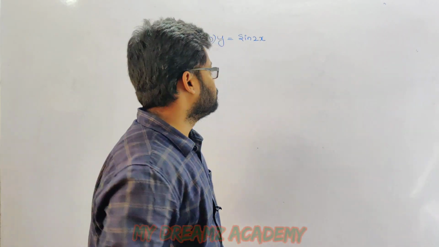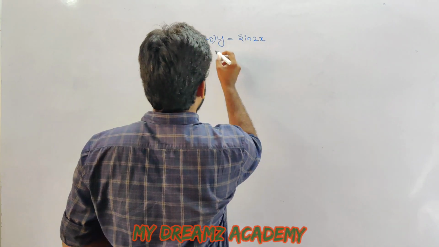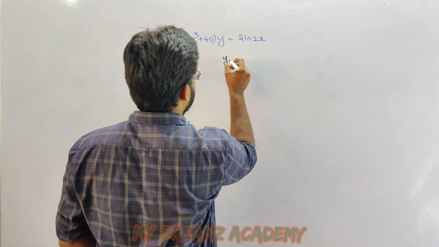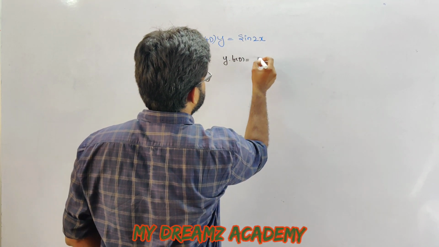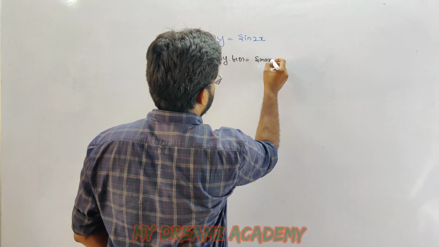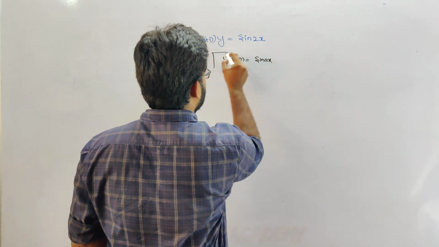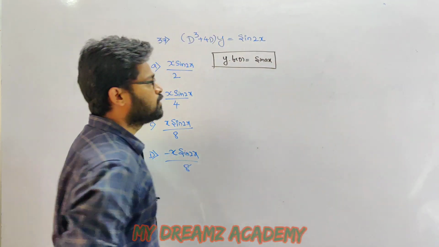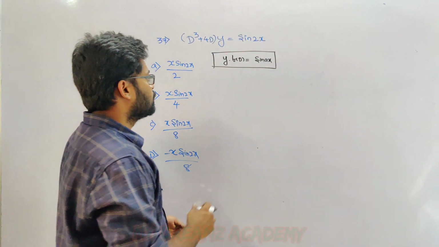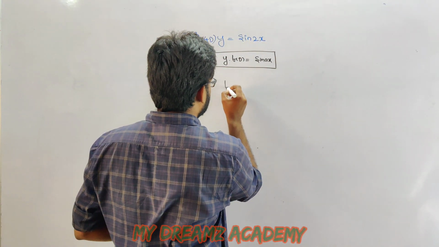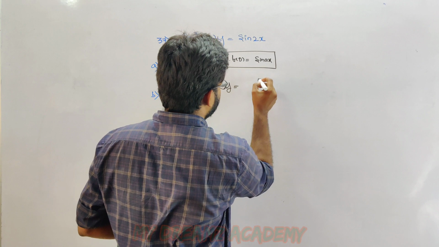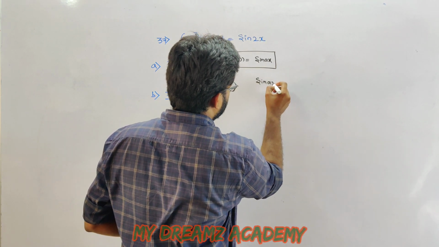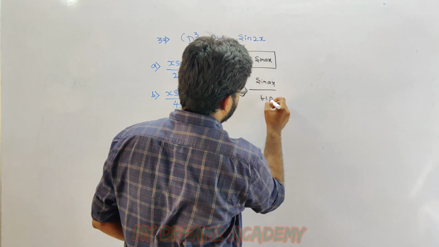This is also a question like this, y into f of d is equals to sin ax. This is a higher order differential equation, we need to find the particular integral. How to find the particular integral? Y is equals to sin ax divided by f of d.